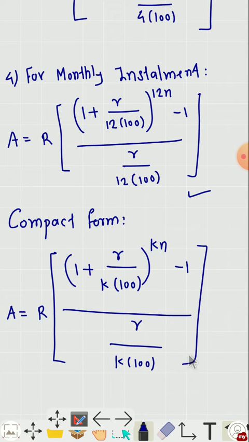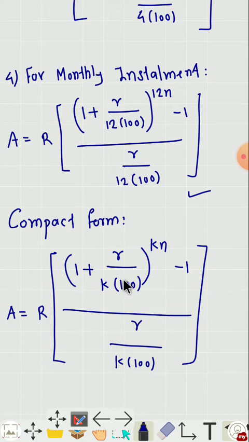Where A is the annuity maturity amount, R is the periodic payment, small r is the rate of interest per annum, n denotes the duration of annuity in years, and k represents the period when the payments are to be made.